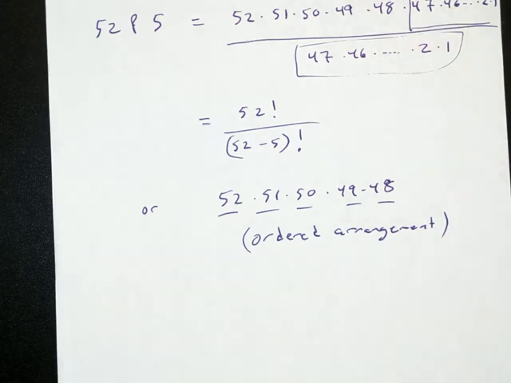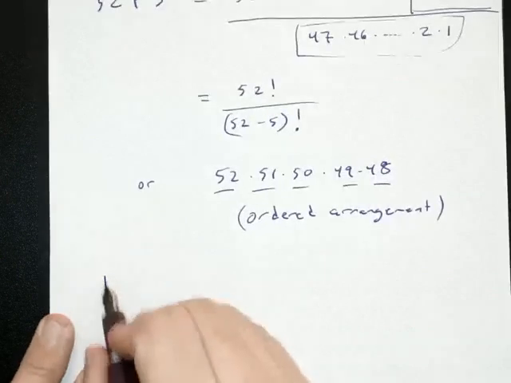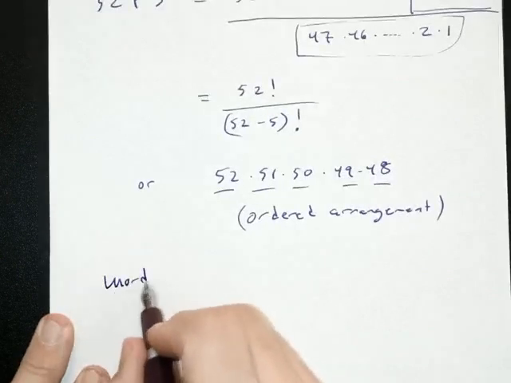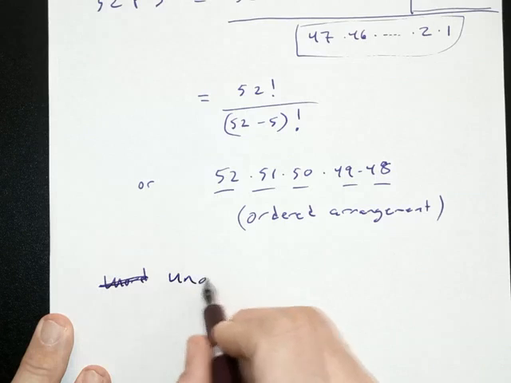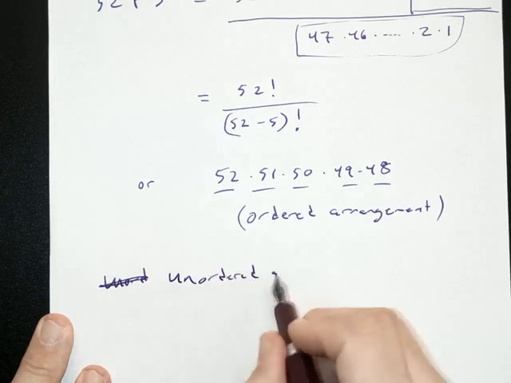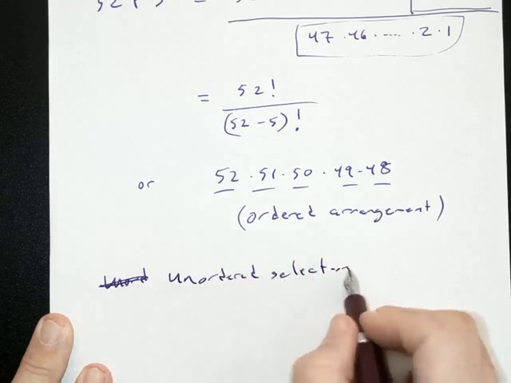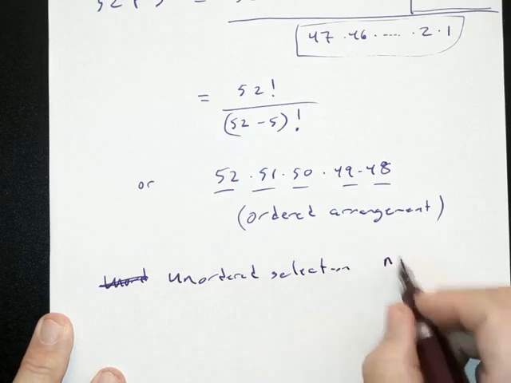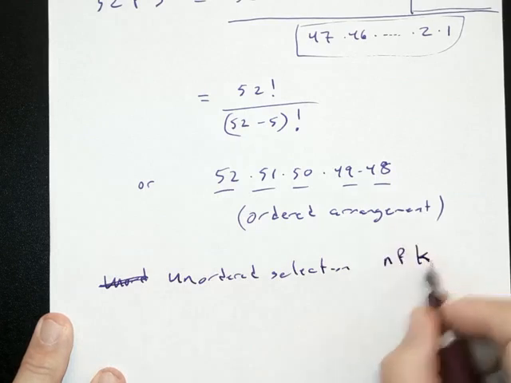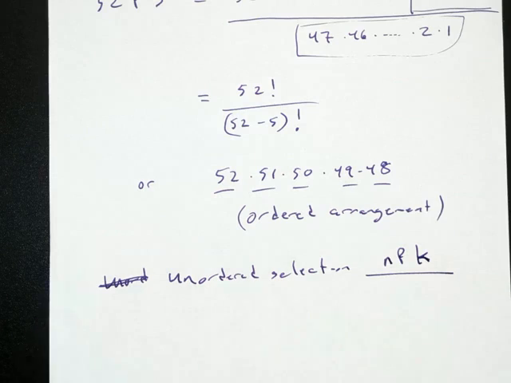If I don't care about ordered selection and I just want an unordered selection, I'll take this number and divide it by the number of ways I can rearrange the things I was given. How many cards was I given?